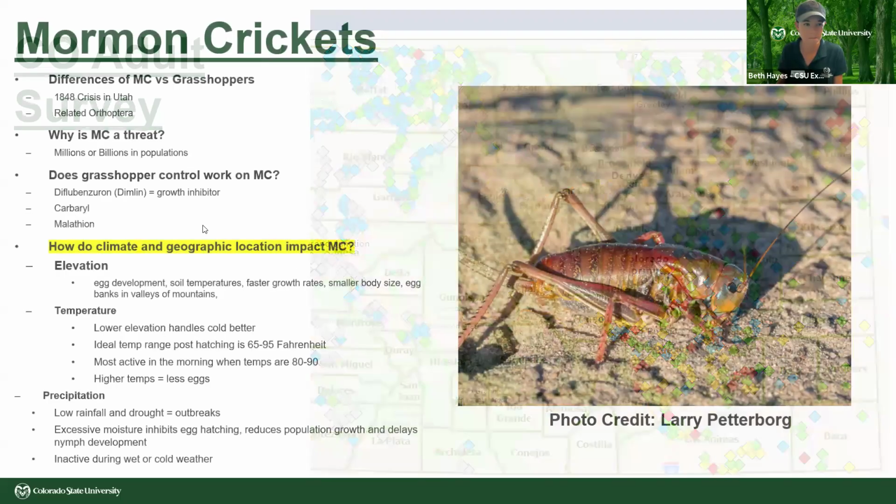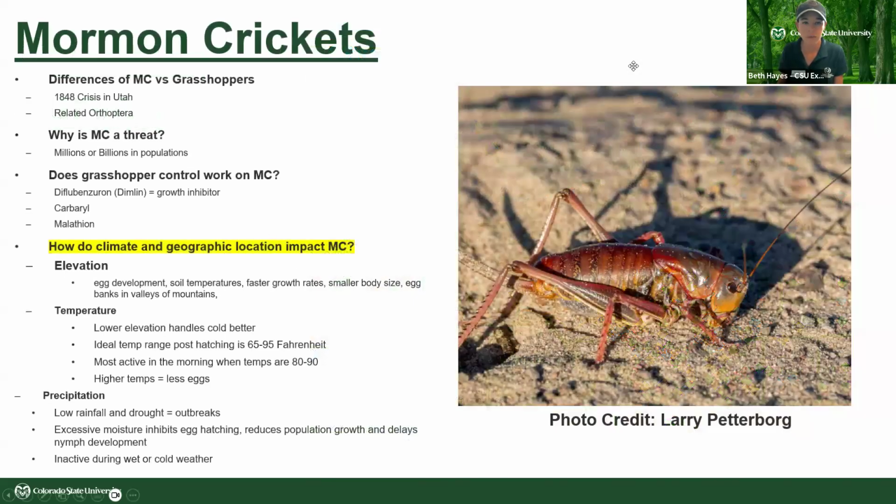Okay, so moving on, I do want to talk about Mormon crickets because there has been a further explosion of them in our state. I met with the USDA APHIS representative for Colorado a few weeks ago, and he let me know that New Mexico had a really bad explosion of Mormon crickets, and they have since moved across the state lines and are now impacting Colorado.